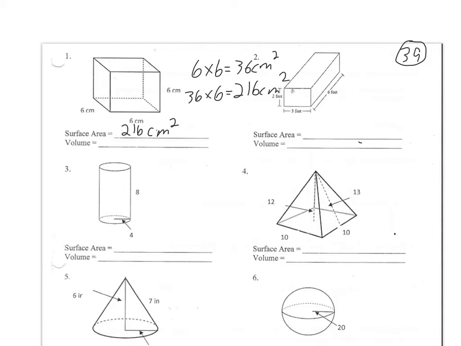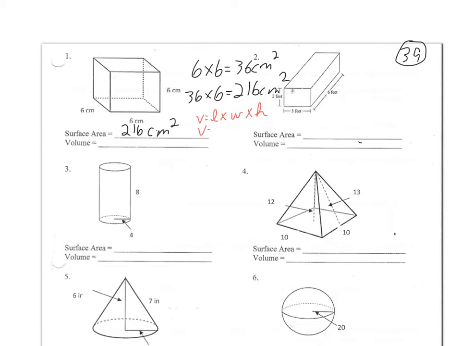Now for volume. Volume's pretty straightforward on this one. And what I'm going to do is I'm actually going to set it up in the formula the way you should have set it up. V equals length times width times height.